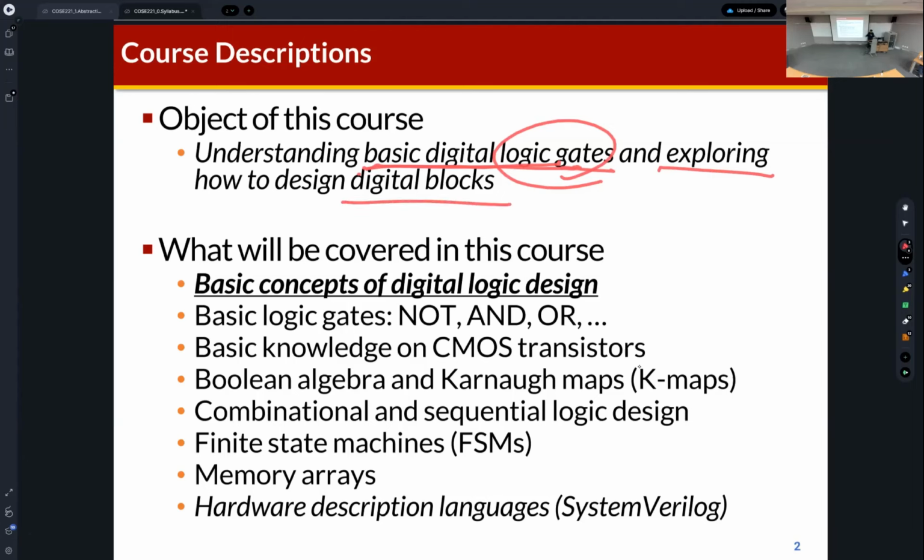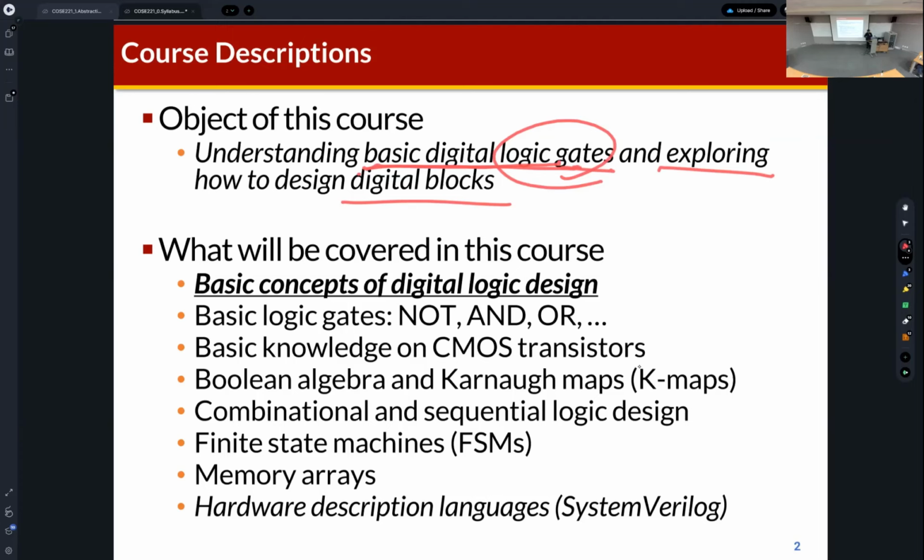Why do we need to learn about digital block design? It is because our computer systems are digital systems, right? What are digital signals? What are digital systems?